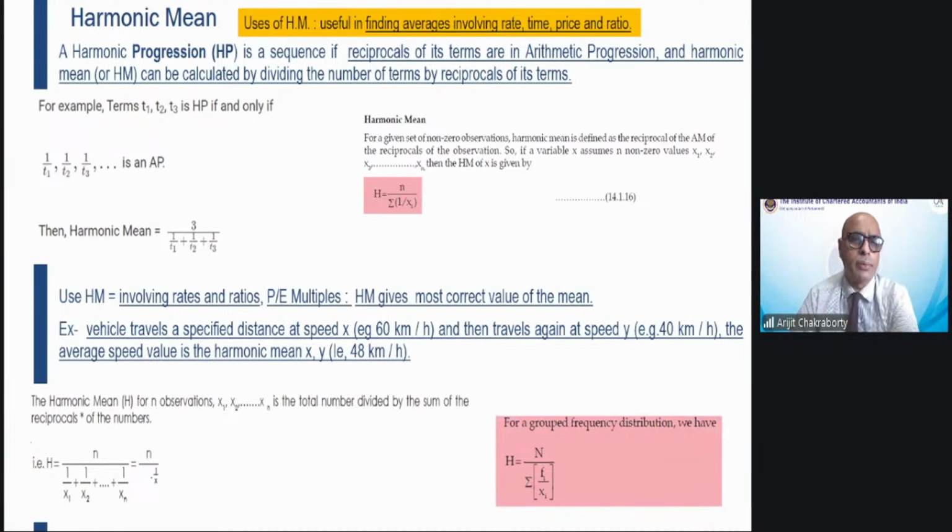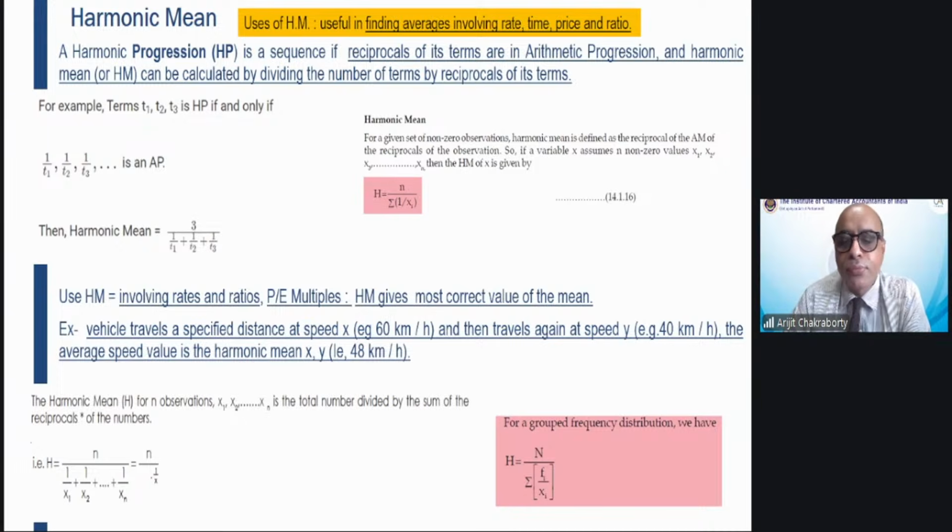And the last formula which you need to remember for your exam is that, just like in the case of arithmetic mean and geometric mean, similarly in the case of harmonic mean, there can be frequencies.